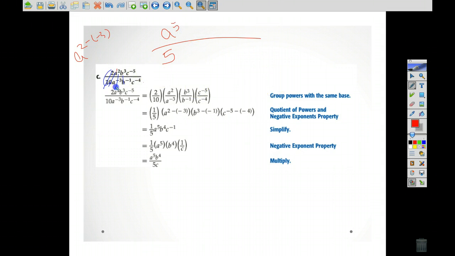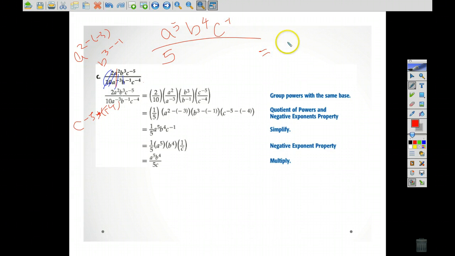All right, so done with the a's. b to the 3rd minus negative 1 is b to the 4th. And then you have c here, which is c to the negative 5th minus negative 4, which will be plus 4. You have negative 1, so c to the negative 1.